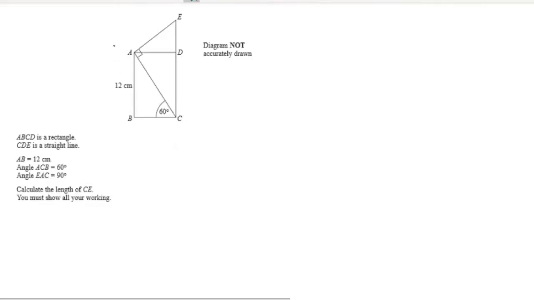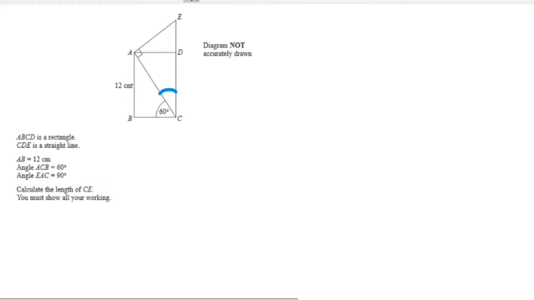Well, in order to do this, as we can see, EAC is going to be a right-angle triangle. If we can work out what this angle here is, and let's say what this side here is, we can then work out the total side ECD, or EDC, based on our trigonometric principles. In order to get this angle and the side though, let's first look at the right angle triangle ABC.